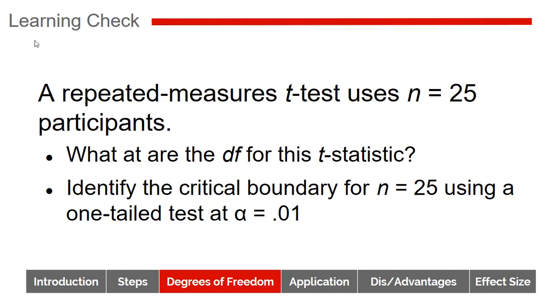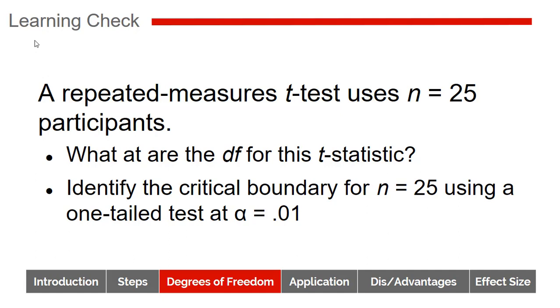Let's do another one. If we have a repeated measures t-test with an n of 25 participants, what are the degrees of freedom and the critical boundaries for an n of 25 using a one-tailed test at alpha 0.01? Okay, so we can do this. If our n is 25, our degrees of freedom are n-1. Our degrees of freedom are 24.